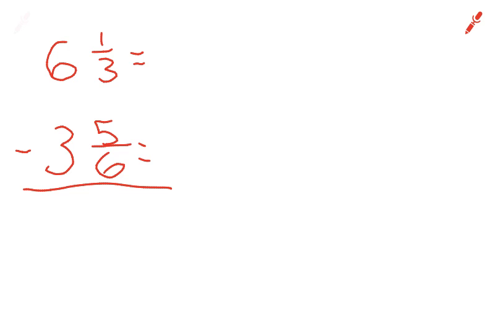Remember, the denominator is the downstairs number. 3 and 6 are not the same, and they need to be the same for us to add or subtract. What's the lowest number that both 3 and 6 will go into? They both go into 6. That's our lowest number.